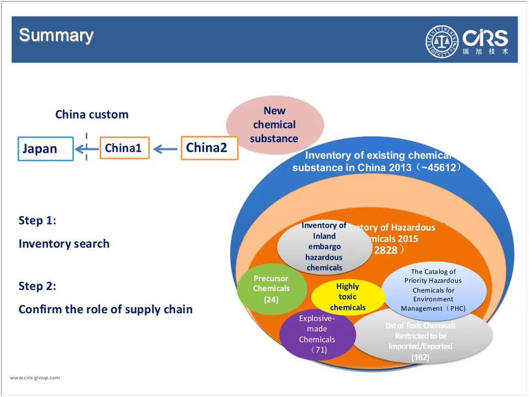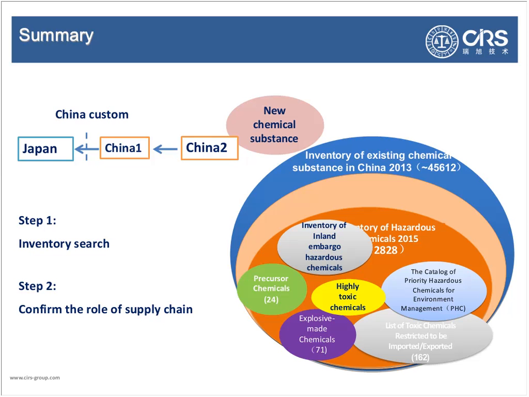If your chemical is listed in the inventory of hazardous chemicals in China, you are required to take the registration of hazardous chemicals in China. This obligation should be taken by the local importer.